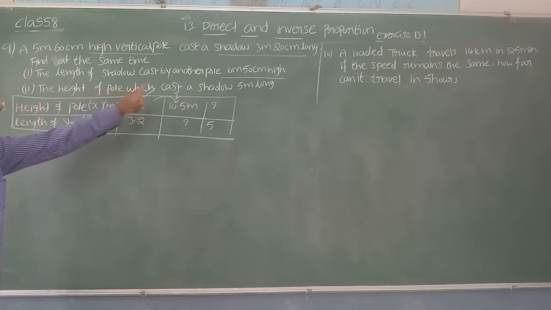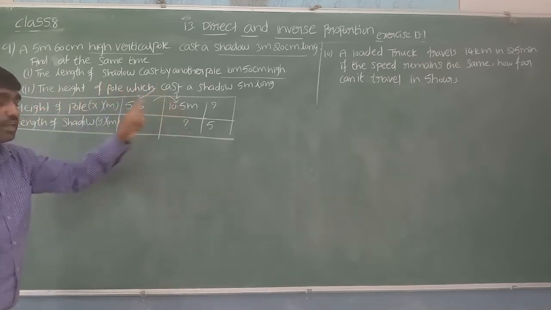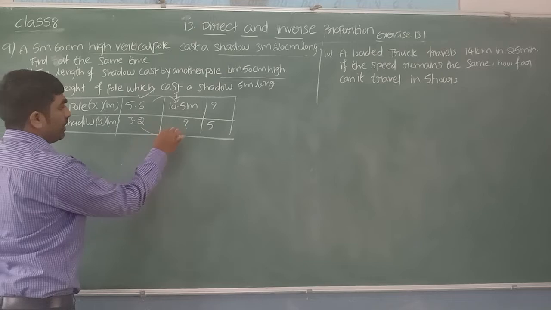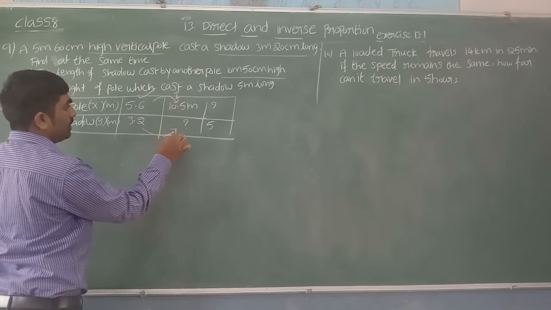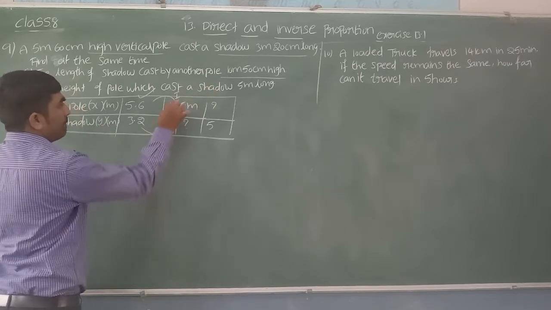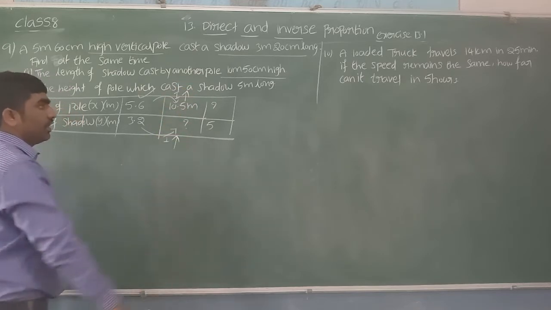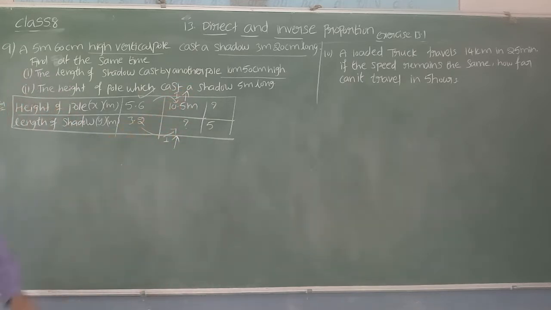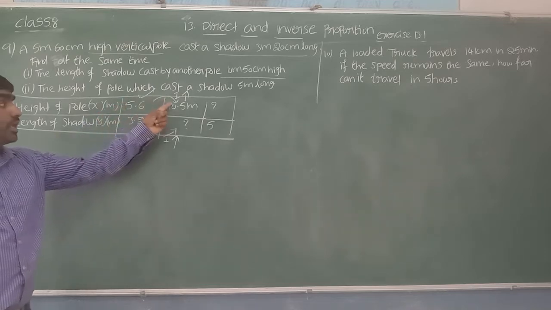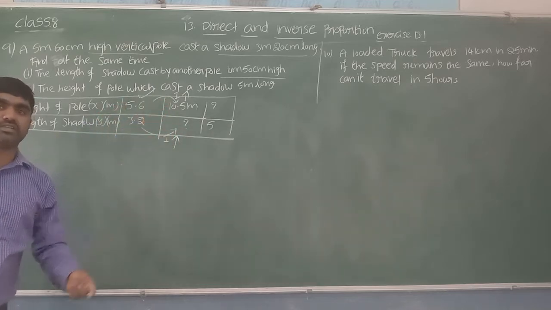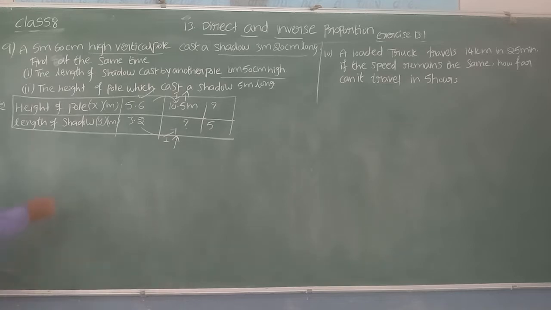When the height of the pole increases, the length of the shadow also increases. So the first quantity is increasing, and at the same time the second quantity is also increasing. When both quantities increase, their corresponding ratio remains the same. It is direct proportion.